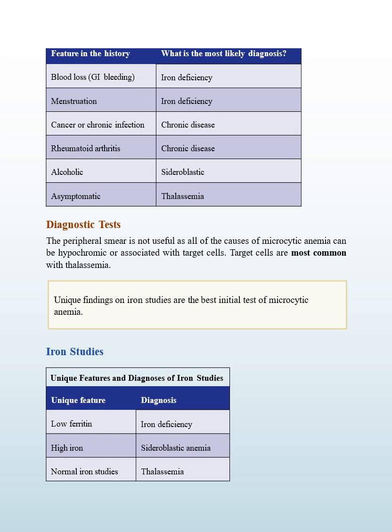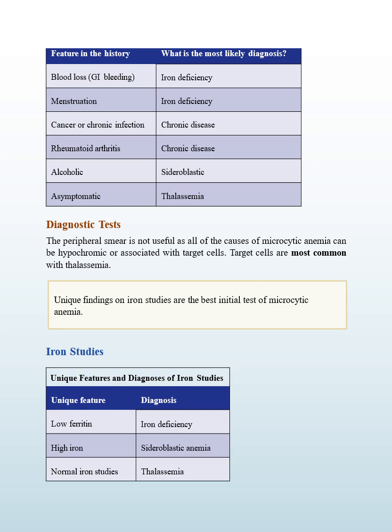There is a table on the top of slide number 9, which goes over these features of the history and the most likely diagnosis. If we have blood loss or GI bleed, it's usually iron deficiency. If we have menstruation, it's the same, usually iron deficiency.